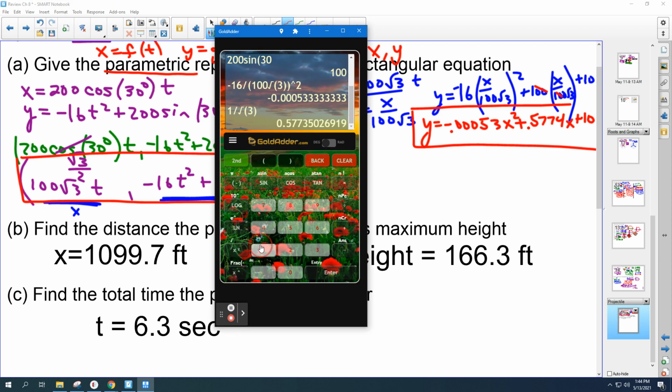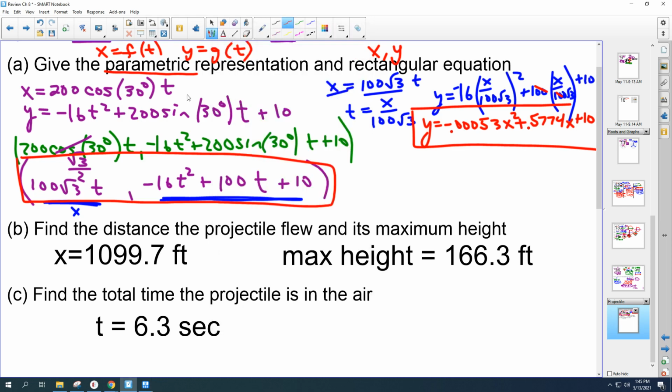X was 1099.7 about. If I'm solving for t, I'm just going to have to divide by all of this. So let's divide by, put in parentheses so we get all of it, 200 cosine 30. 6.3 seconds. As long as you're using an equation with a t in it, it can be done.